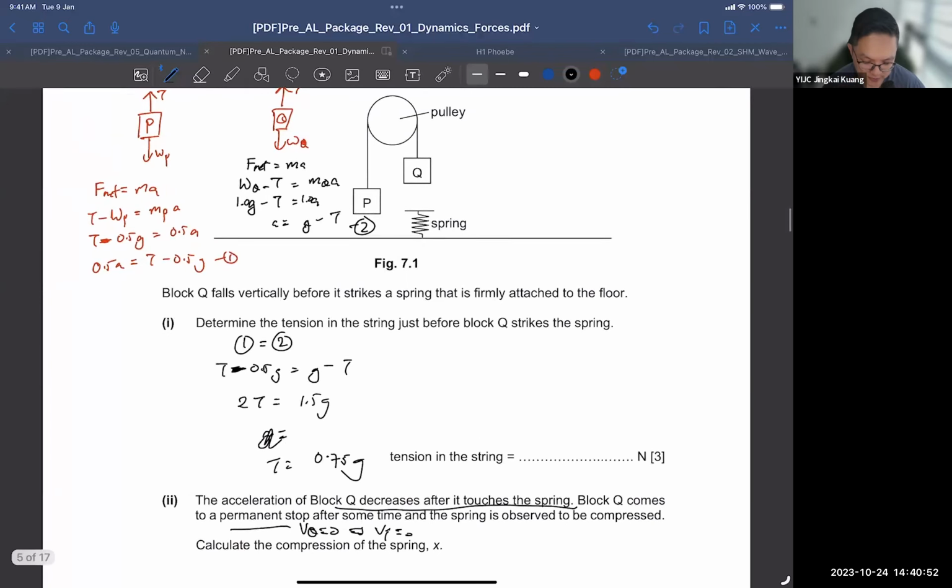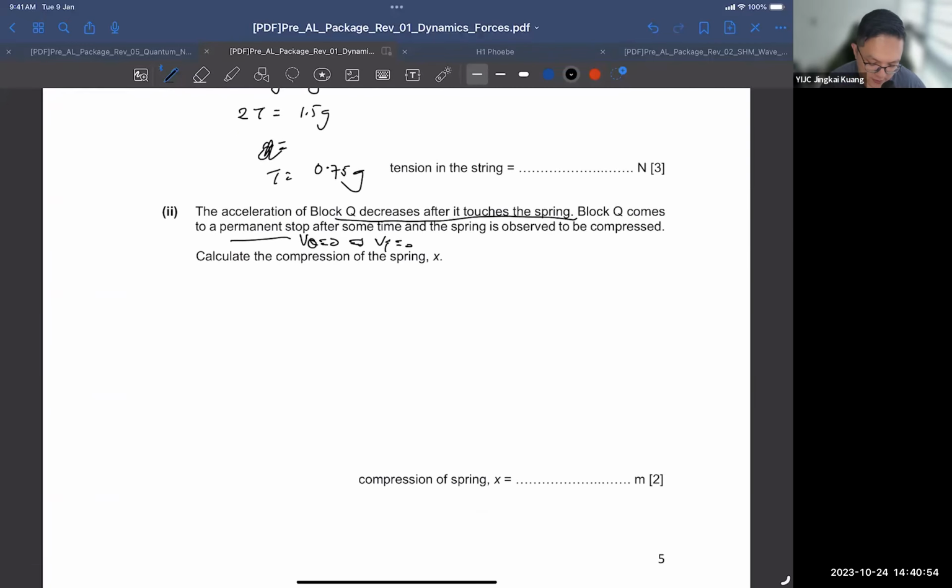Let's write the equation first: the change in KE of P plus the change in KE of Q. The initial KE is 0, so this just equals the final KE of P plus the final KE of Q.